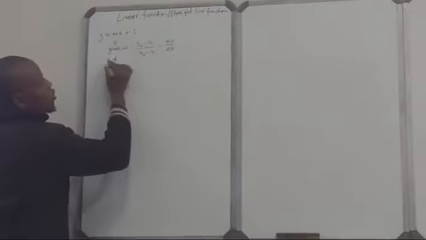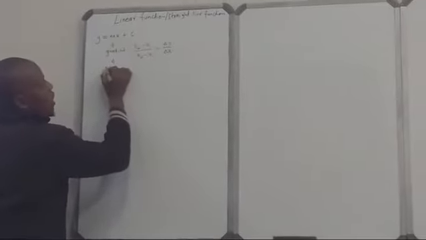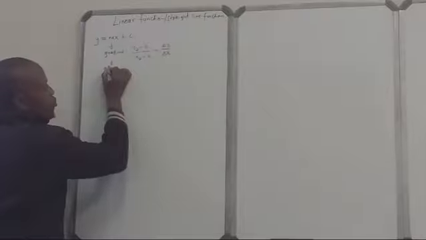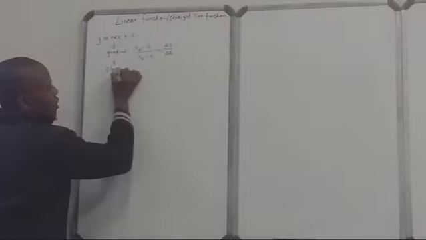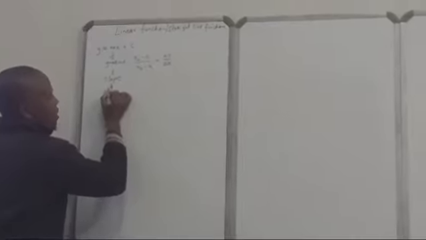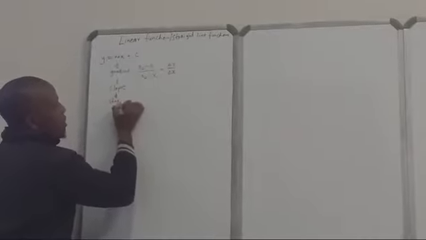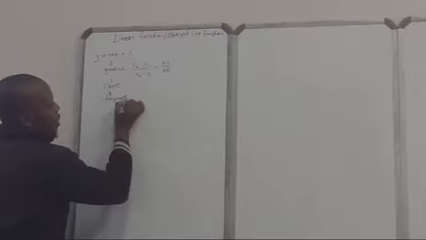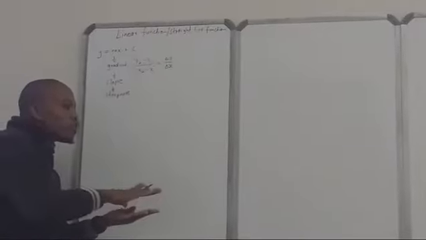You could also call the gradient the slope of the graph, or the steepness. It describes the steepness of the graph. How steep is your line?